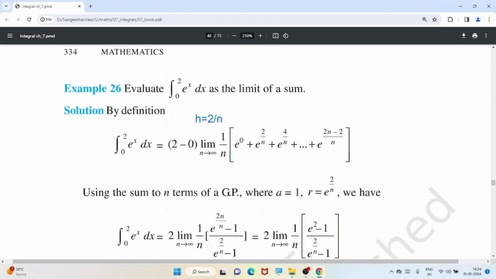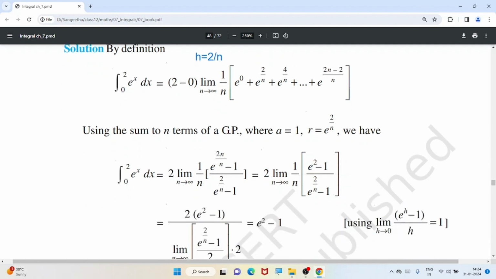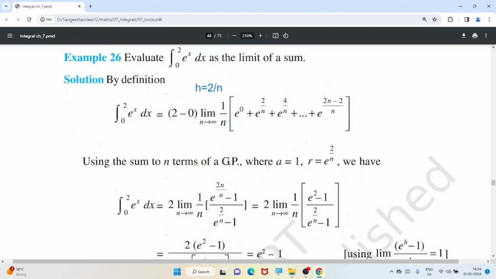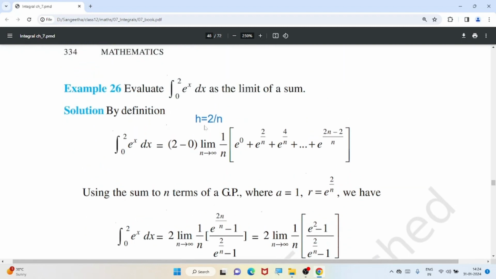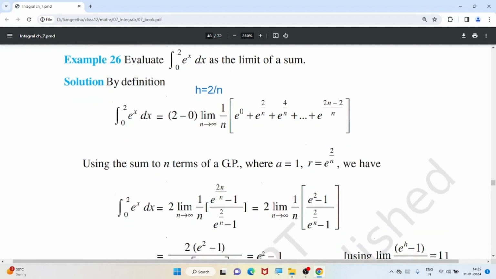Here also b minus a is 2, so the step is 2 by n. The limit is 0 to 2. You find the step as b minus a divided by n.